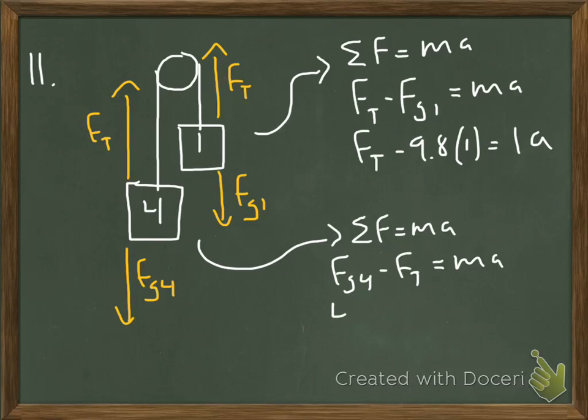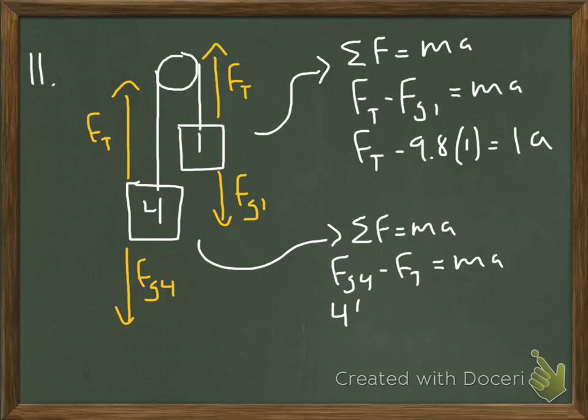So what I'm doing here is I'm taking the individual components and writing out the sum of their forces, and then setting that equal to mass times acceleration. And that's how you solve these problems that have more than one thing going on. If it's more than just one dragster or whatever, then you've got to write out the sum of the forces on each individual component and set it equal to mass times acceleration of that individual component.